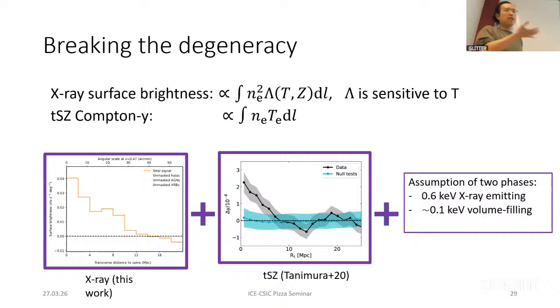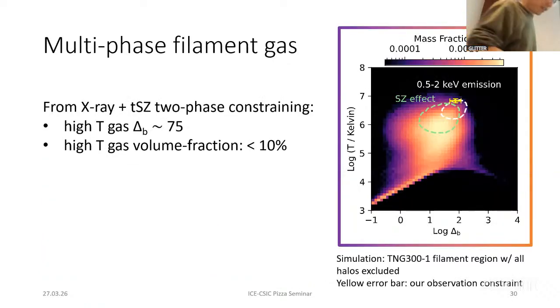They emit the X-ray that we see. By taking that assumption, we get an estimated baryon overdensity of 75 for that X-ray emitting population. The volume filling fraction is less than 10%. So a few percent of the hot and dense gas in the cosmic filaments emits what we see.